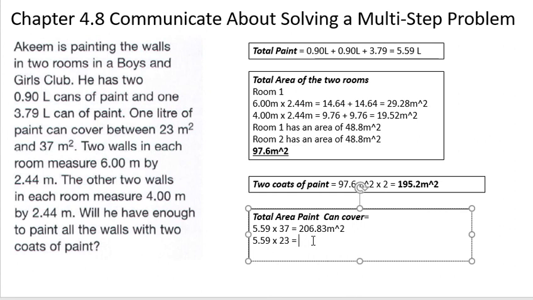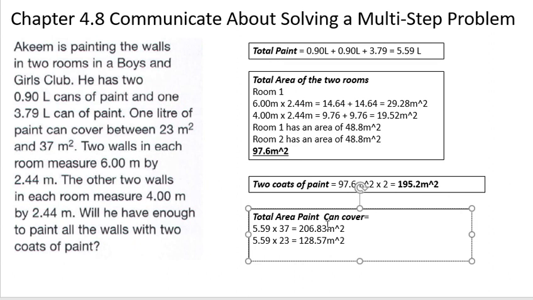But let's see with this one. If he could only get this amount, he would get 128.57 meters squared. So he would not have enough. This would be our solution to this problem.